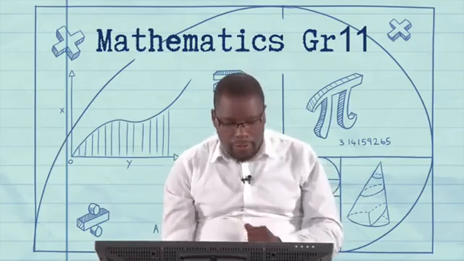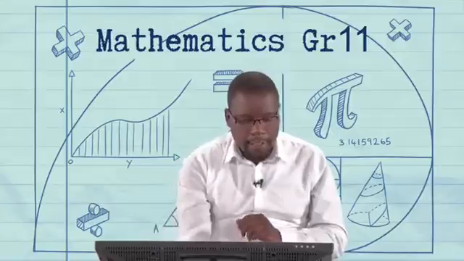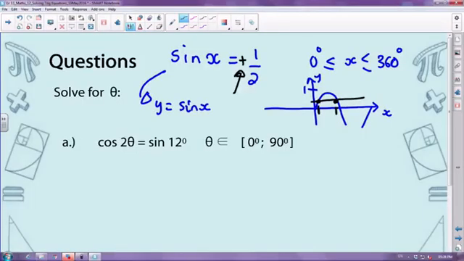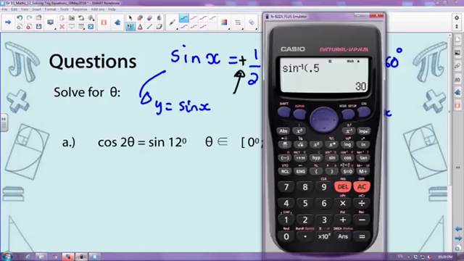All right, guys, let's check how we should have done it. You've got your cos 2 theta equals sine 12. Now, your key angle, in this case, you are already working in the first quadrant. So we're going to say shift cos of sine 12.